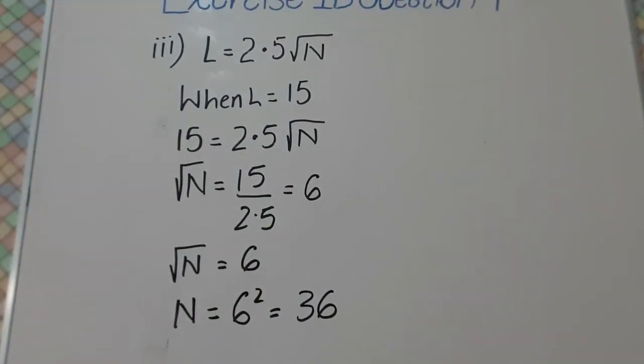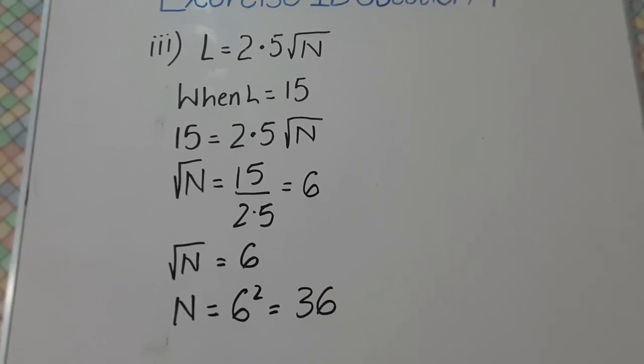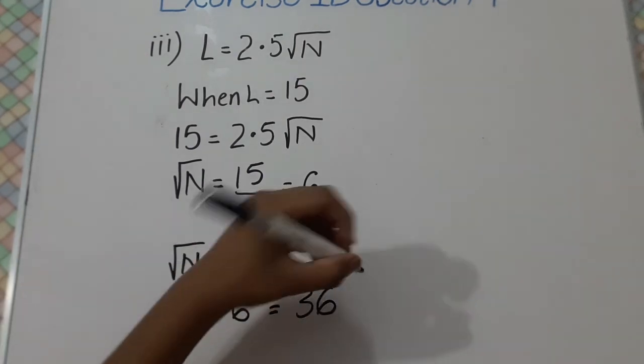So the answer would be 36, and the statement would be that it will take 36 hours for an earthworm to grow to the length of 15 centimeter. We have given the answer in hours, because in the previous question 4 hours were taken for the earthworm to get to the length of 5 centimeter. So over here it will be 36 hours.